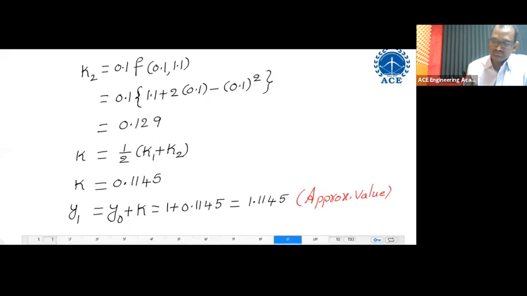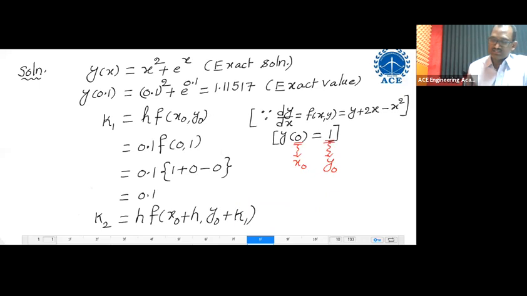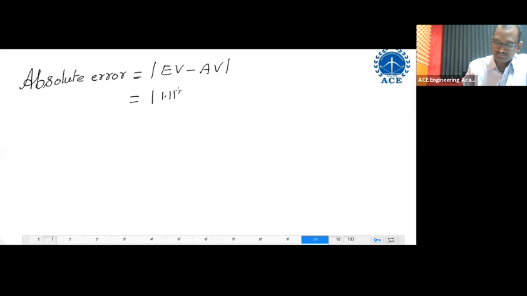What is the exact value? 1.11517. What is the approximate value? 1.1145. So tell me the value of absolute error. 0.00067. Good.